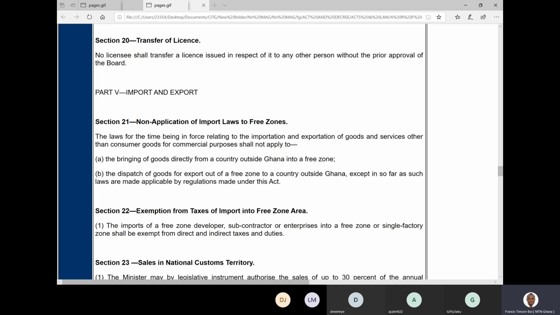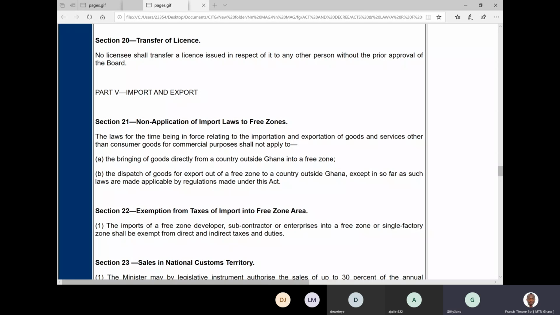Some way. But anytime you are buying from a free zone company, be sure that you pay duties and all those things, because someone who is also importing from another country is also paying taxes. And that's the essence of us saying that the free zone is outside Ghana's territory.